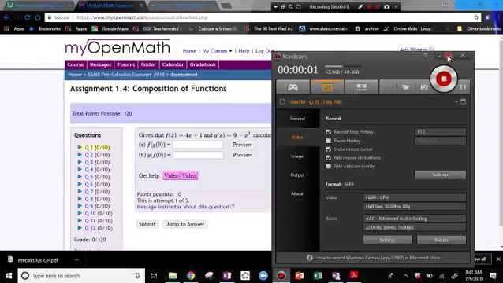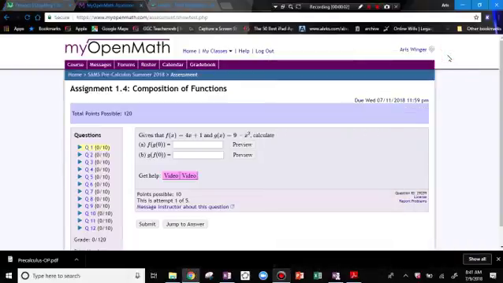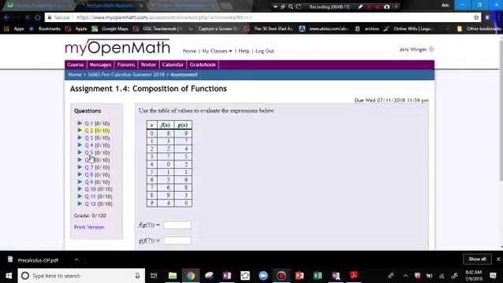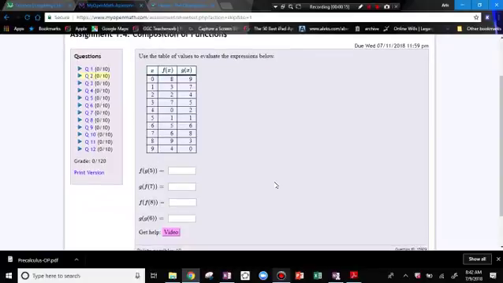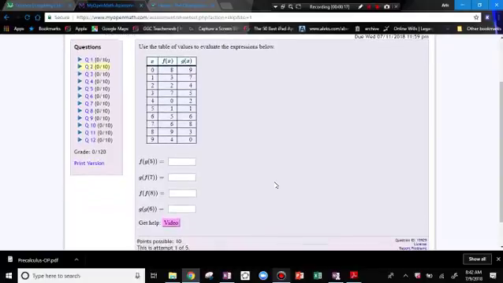Version, substituting one function inside the other. I think we had left off with, again, MyOpenMath loves presenting functions in all different types of ways.